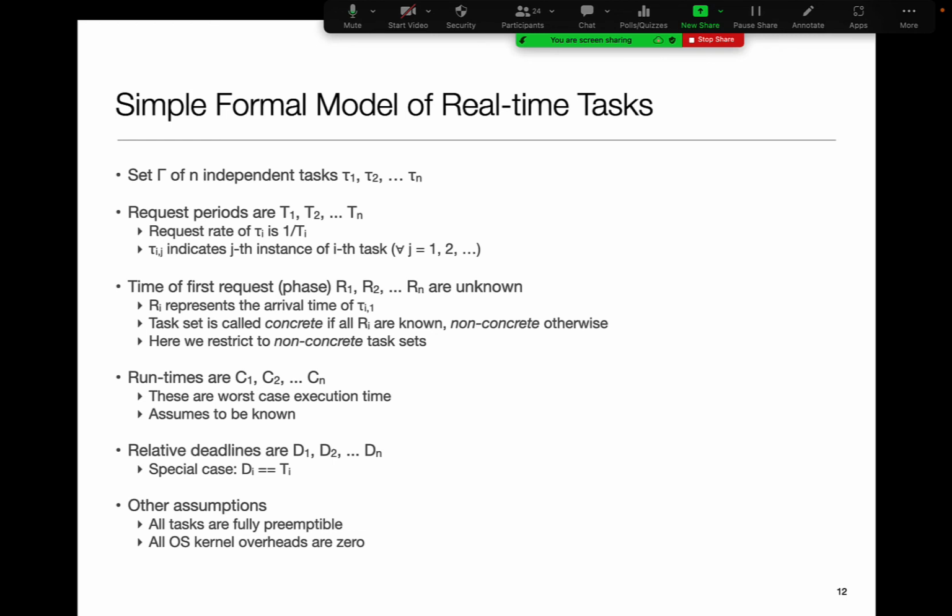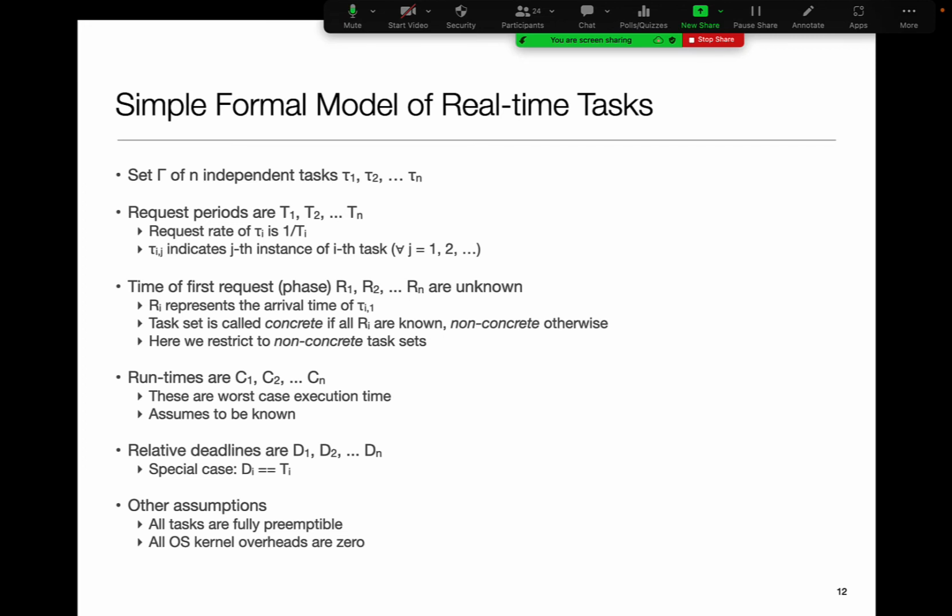So this is a time series, a series of tasks where for the ith task, its first copy came at ri after the system booted up, and then the next one will come ti later, and the next one another ti later, and so on and so forth. And likewise for the jth task, it will be rj plus tj, rj plus 2tj, and so on.